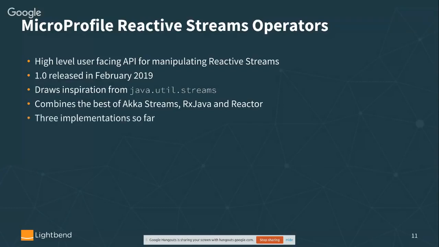And we have 3 implementations so far. There's one that's Akka Streams based, one that's RxJava based, and we've got another one that doesn't have any dependencies, so it's been implemented from scratch. And the intention for that one is, if this was ever to be adopted into the JDK itself, that might become the reference implementation.